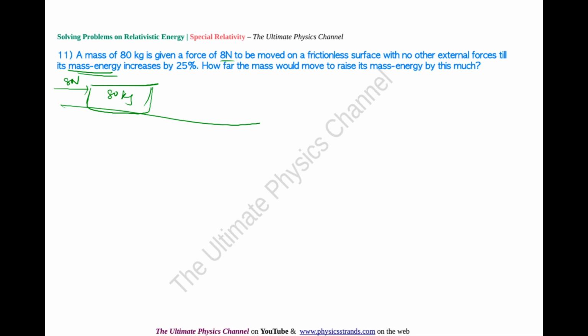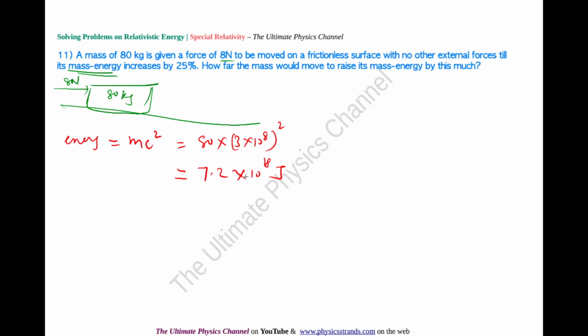So we can work this out using the energy mass equivalence expression, mc squared. If I calculate the energy for that mass, the rest energy, so to say, is 80 times 3 times 10 power 8, whole squared, right? So if I do this, I get 7.2 times 10 power 18 joules.